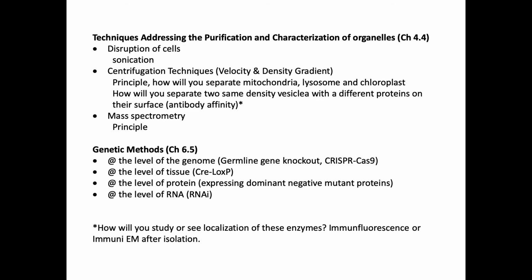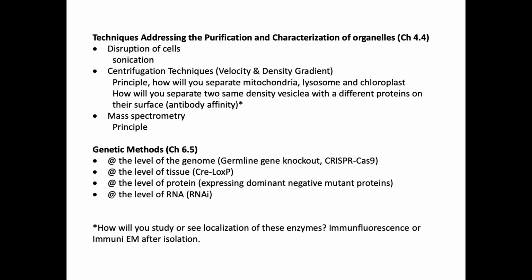Now, if you have similar material, like chloroplasts, mitochondria, lysosomes, and peroxisomes, they have almost similar density. Then you take the supernatant and put it on a gradient, which could be sucrose, cesium chloride, or many others, and then you do the centrifugation.